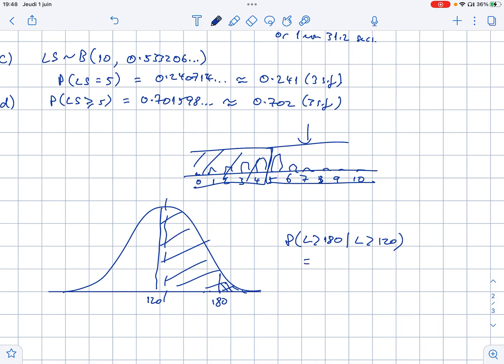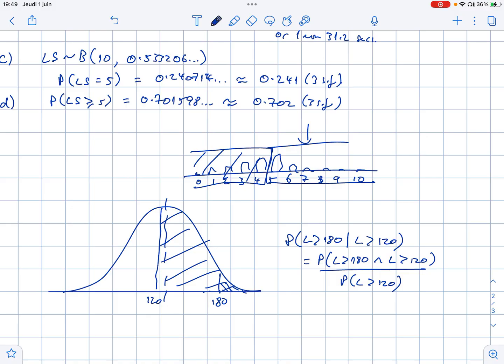So now we have to work out, this one is the probability of the intersection of the two. It's greater than 180, intersecting greater than 120, over the probability that L is greater than 120. That's using the formula booklet with probability of A given B is probability of A intersect B over probability of B.